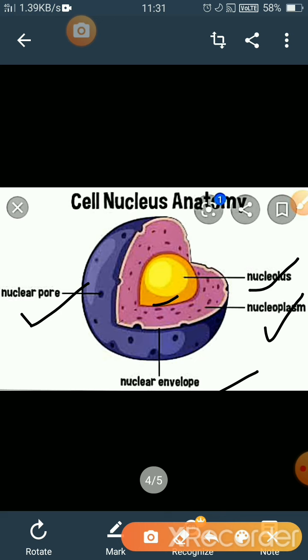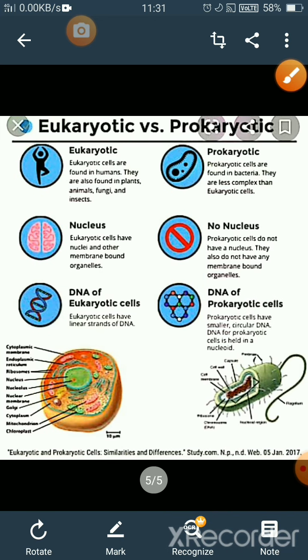So on the basis of the structure of the nucleus, cells are of two types. One is prokaryotic cells and second is eukaryotic cells. These are the two types of cells. First is the eukaryotic cell.